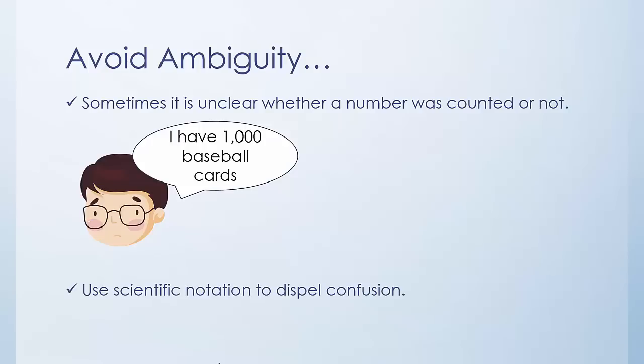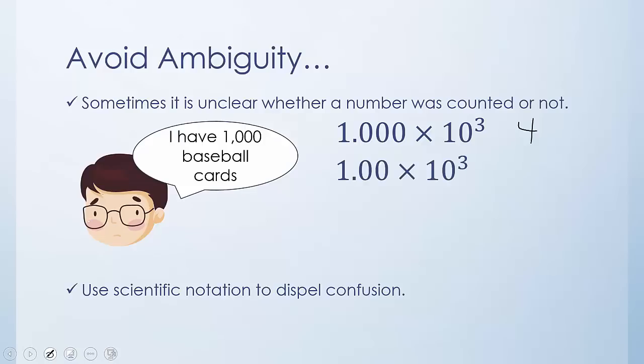Well, this is where scientific notation is going to come into play. We can write this number here as 1.000 times 10 to the third and convey 4 significant figures. Or we can write it as 1.00 times 10 to the third if we mean to say 3 significant figures.